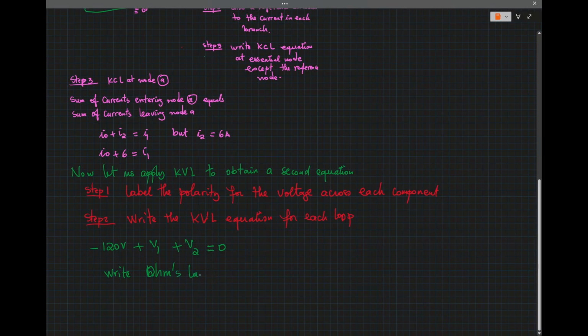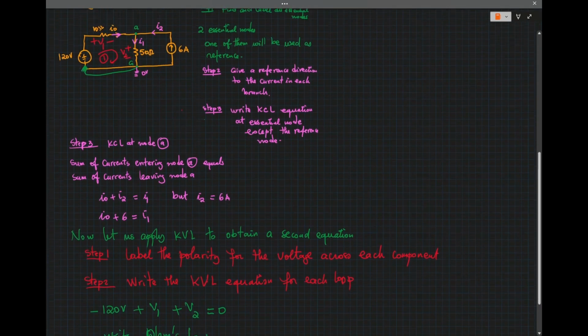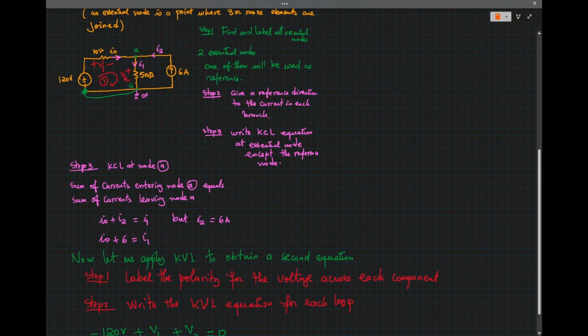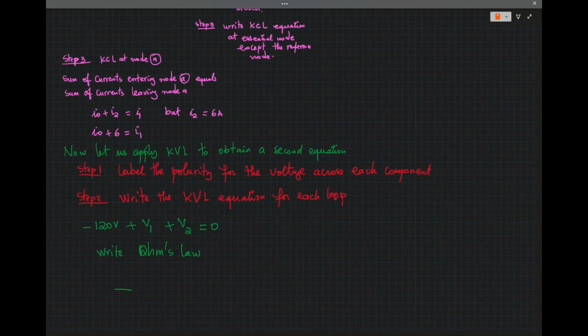So now, what is V1? We know that we have the 10 ohms resistor, that's I0, and we have V1, then we have 10 ohms.